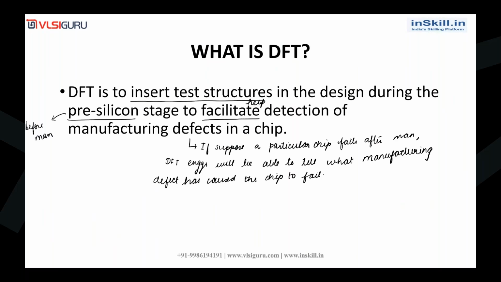To facilitate means to help detection of manufacturing defects in the chip. So if suppose a particular chip fails after manufacturing, DFT engineers will be able to tell what manufacturing defect has caused the chip to fail.